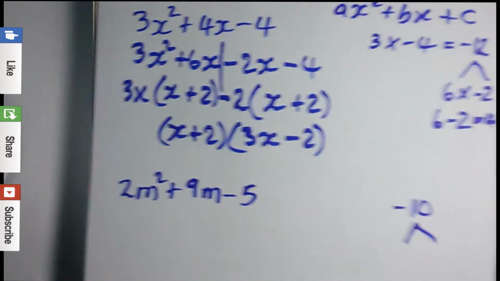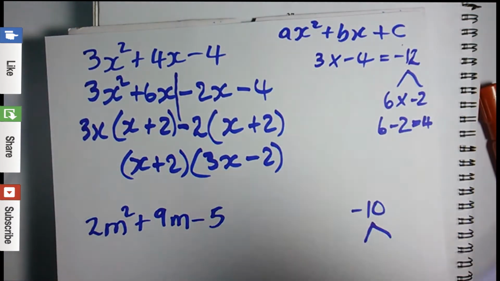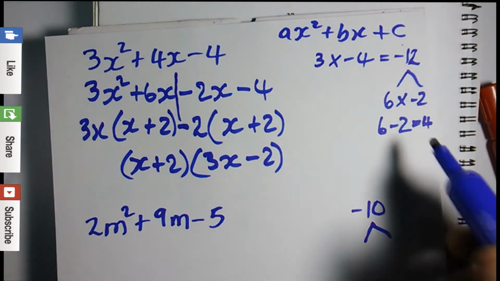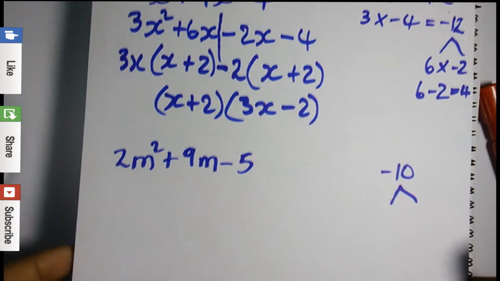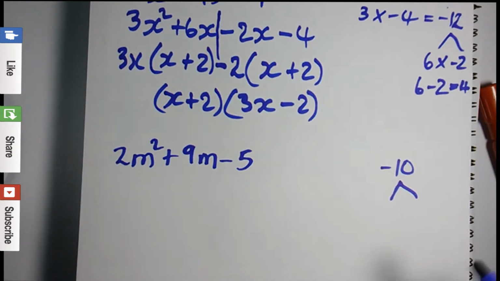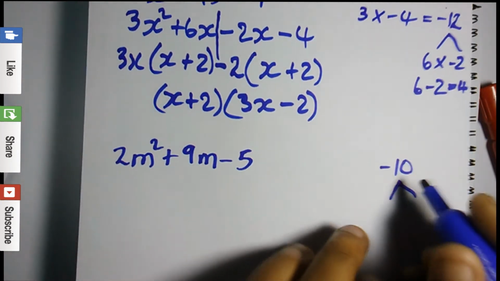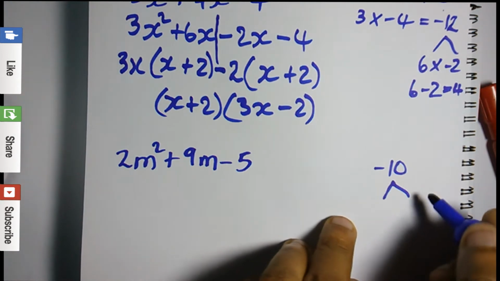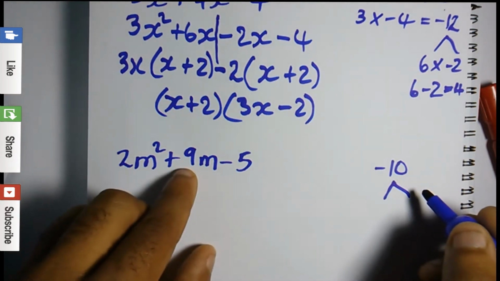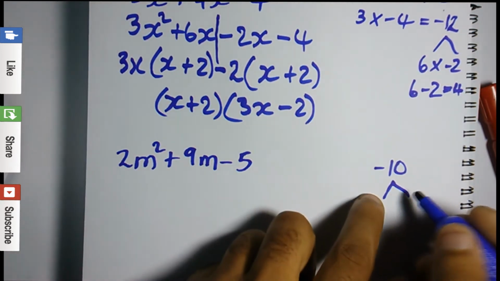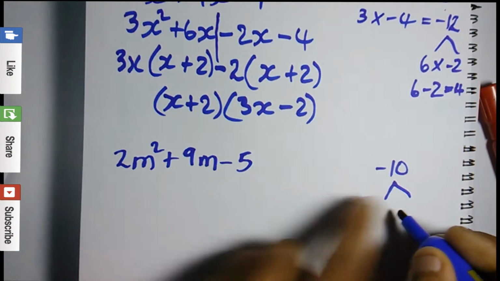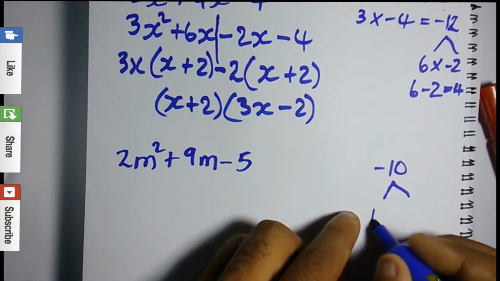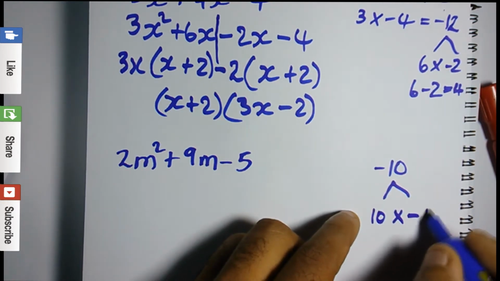Why do I keep using adding instead of subtracting? Addition and subtraction are basically the same, as in they're the inverse of each other, but I just treat them as the same. So whether I'm subtracting numbers or adding numbers, I should get the middle component. Now these two factors are 10 times minus 1.